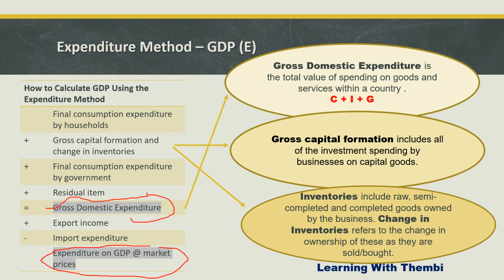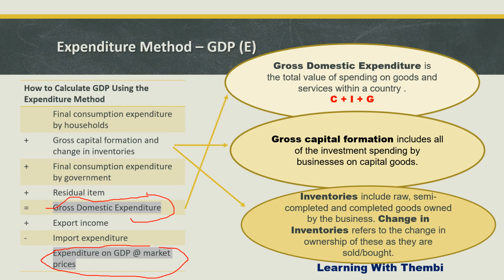Another thing is that if you are not given information on the residual item, you should not include it in your calculations. You should not add it at all. Or you can just add it as part of the formula and include it as a zero because you are not given any information on the residual item. So lastly, for you to calculate the gross domestic product at market prices using the expenditure method, you then have to add exports and subtract imports from the gross domestic expenditure.